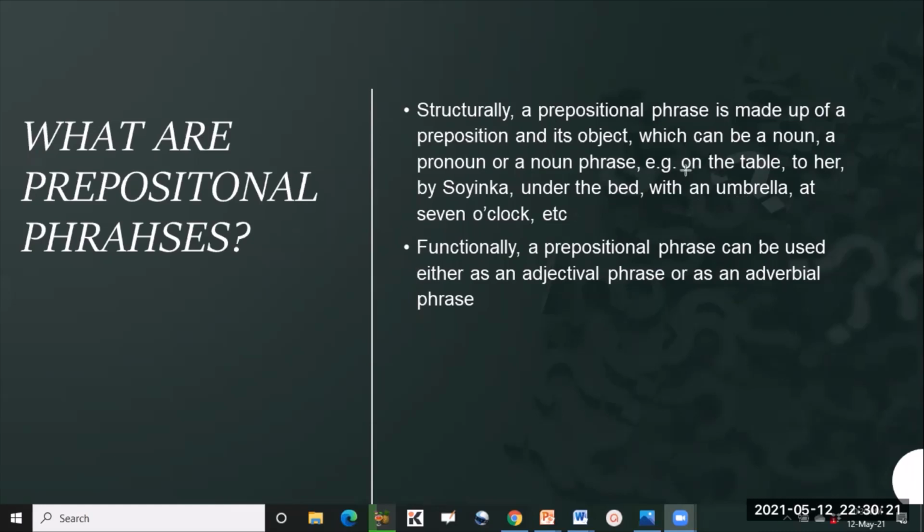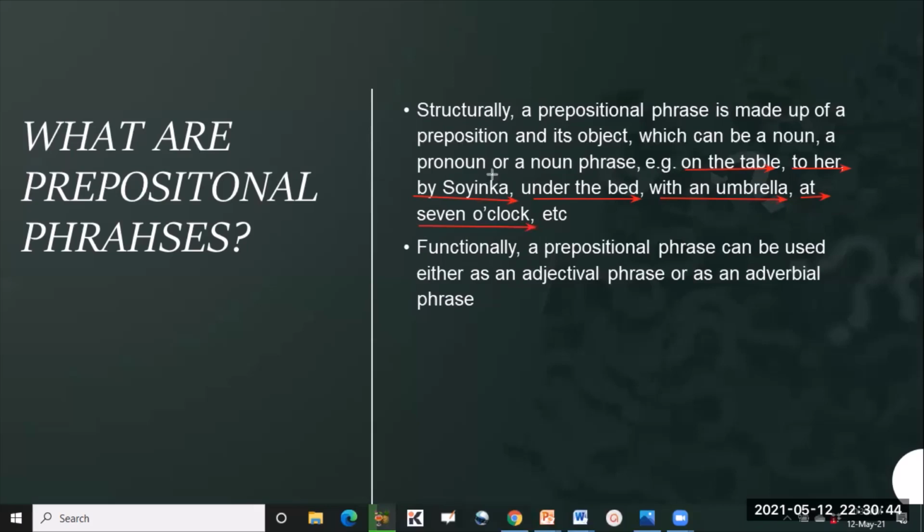So you can see them here: on the table, to her, by Shoyinka, under the bed, with an umbrella, and at 7 o'clock.